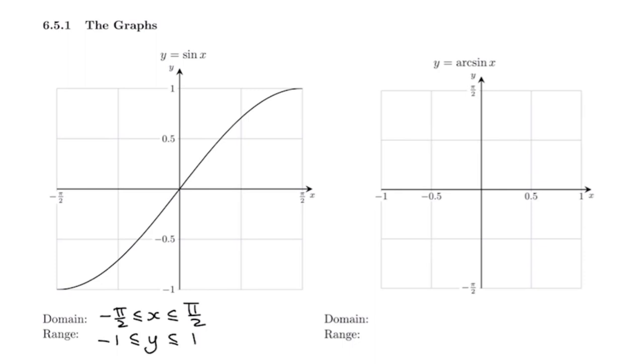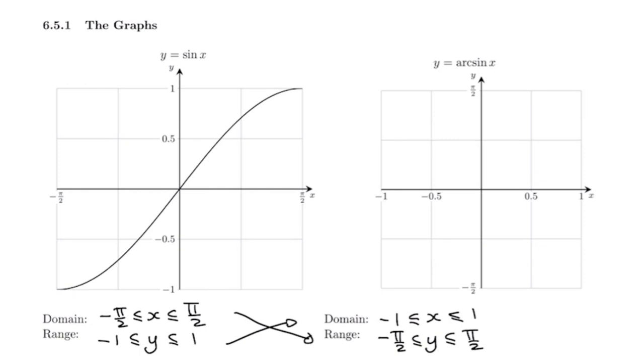And remember, when you do an inverse, the range and domain values swap over. So the domain for the arc sine graph will be negative 1 is less than or equal to x. Remember, domain is always what's on the x-axis, less than or equal to 1. And the range will be negative pi over 2 is less than or equal to y, which is less than or equal to pi over 2.